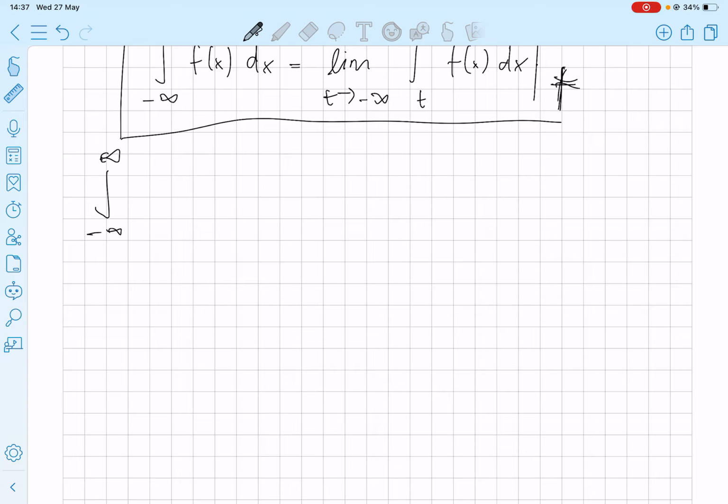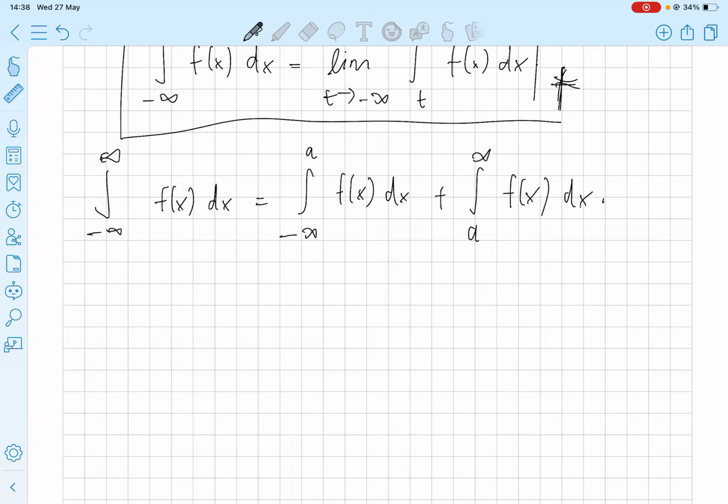If we have the integral from negative infinity to infinity of f(x) dx, it equals the integral from negative infinity to a number a of f(x) dx plus the integral from a to infinity of f(x) dx, as long as both integrals are convergent.